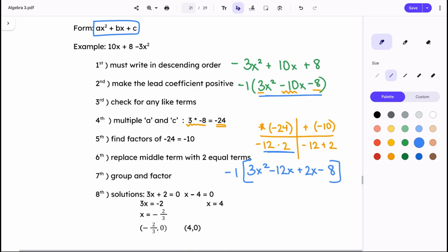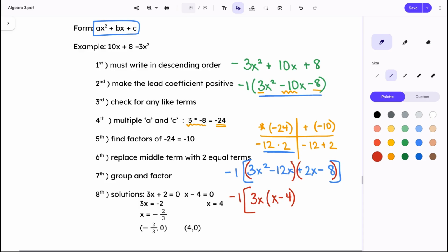Now, I used brackets there because now that I have 4 terms on the inside, we're going to group. Remember, this is what we started out our factoring method with, is grouping. So now I look at my individual terms here. I still have this -1 floating out there. On this first set, I'm going to take out a 3 and an x, and that's going to leave me with x minus 4.